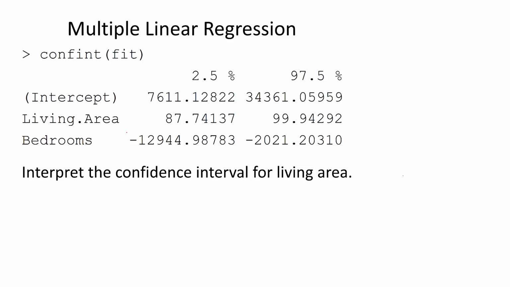Okay, so we can do confidence intervals also. So I've used our conf_int of fit function in R, and we want to interpret the interval for living area. So if we look at the interval that we got out for living area, it's right here. Remember that this is on the slope for the coefficient for living area, right?